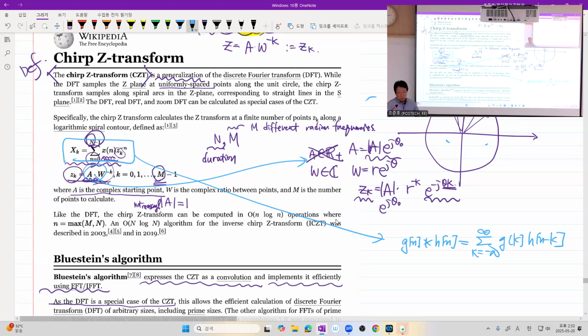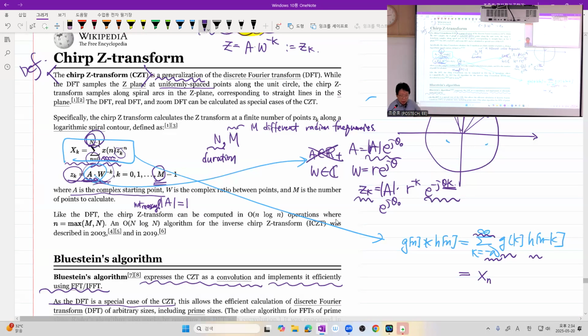And they want to find proper G and H. And of course, they want to modify the upper and lower limits of the summation to finite numbers whose magnitude is as small as possible. Got it? And they want to say that this is somehow related to x of n.